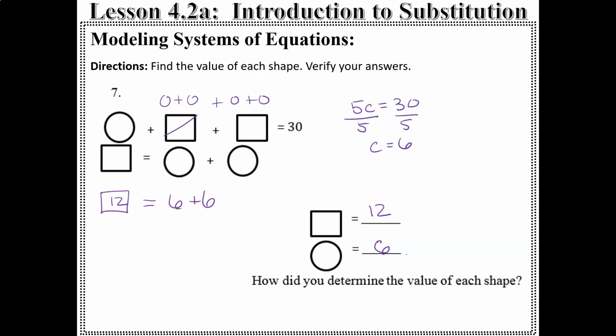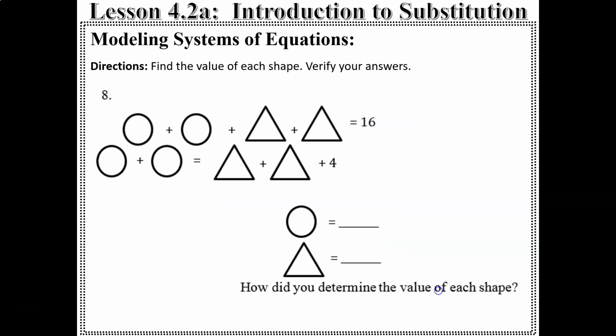They're getting kind of tricky. All right, let's see what the next one says. Now I have a circle plus a triangle plus a triangle is 16. And a circle plus a circle equals 2 triangles, a triangle plus a triangle plus 4. I'm going to take what these 2 circles are equal to and replace them.